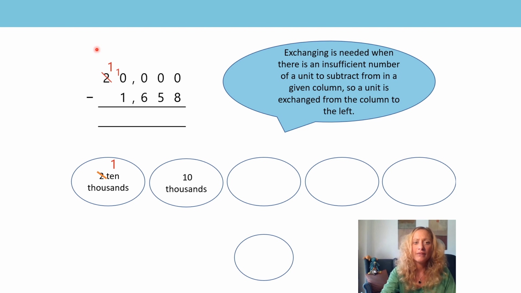Super. Okay, what can I do now? So I have 10 thousands in my thousands column, and I need to exchange from the column on the left so that I can get a unit in my hundreds column.